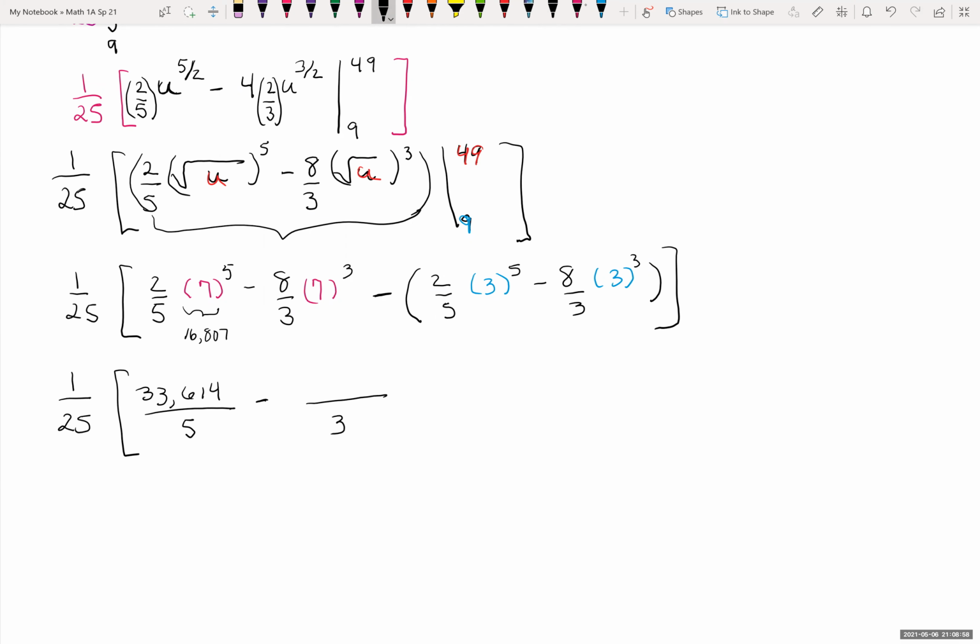So 7 cubed, that's 343. And that times 8 gives us 2,744 minus, so 3 to the 5th power is 243. 243 times 2, that's 486, all over 5 minus 3 cubed is 27. 27 times 8, that's 216.